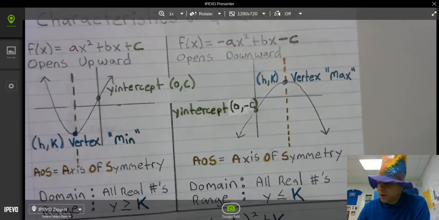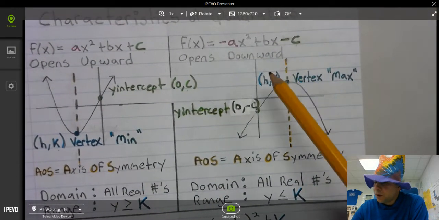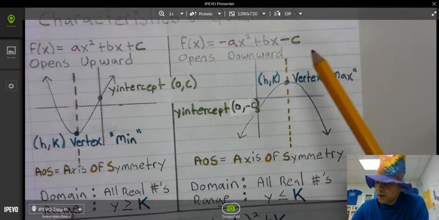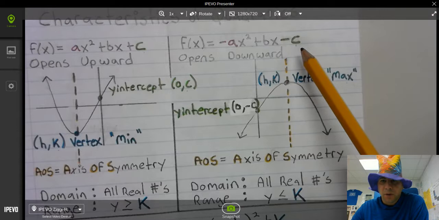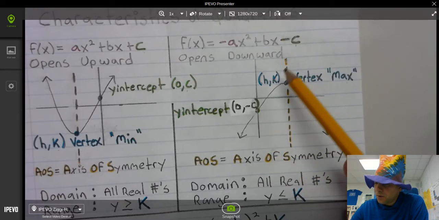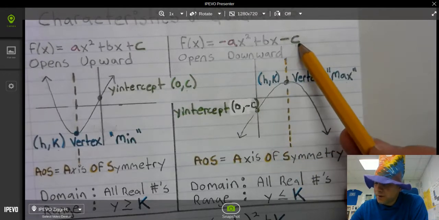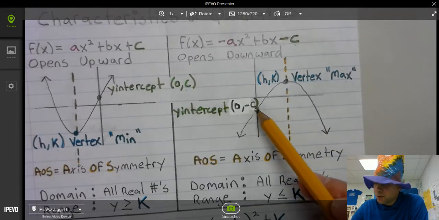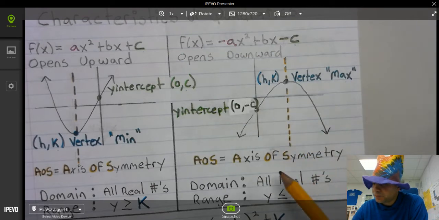All right, so here, because it opens downward, the vertex is a max. I just changed the scenario so you can see the y-intercept when c is negative, or minus c: the y-intercept would be (0, minus c), because it's below the x-axis.